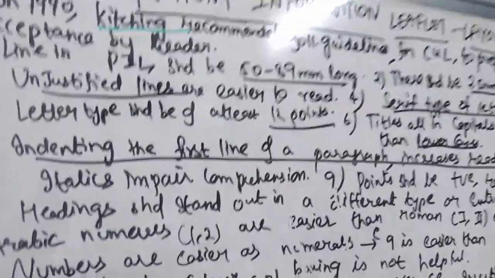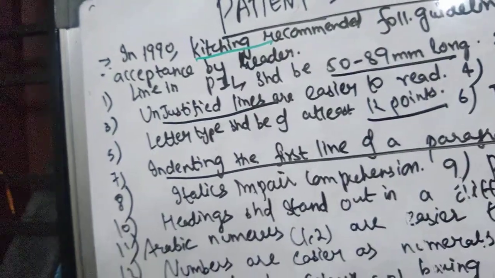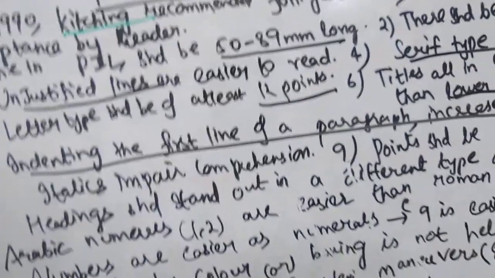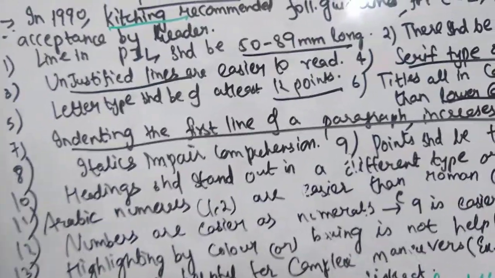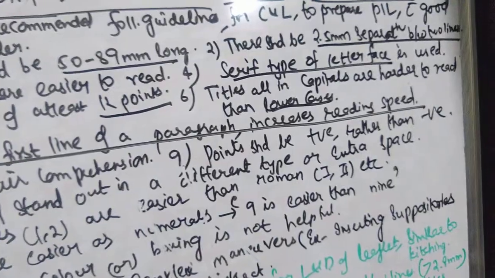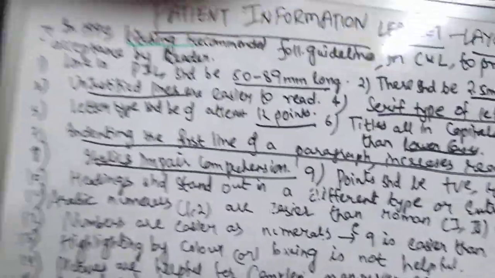If you have seen in newspapers, in the first paragraphs, which are very important, the first word will be highlighted. So indenting means highlighting. Indenting the first line of a paragraph will increase the reading speed. Next, italics impair comprehension. That means you should avoid italics in your leaflet.